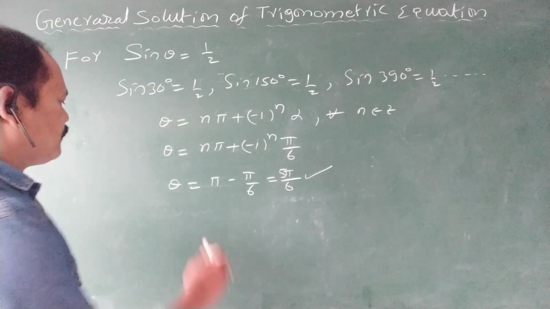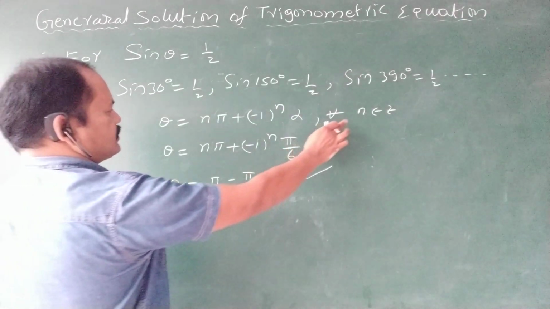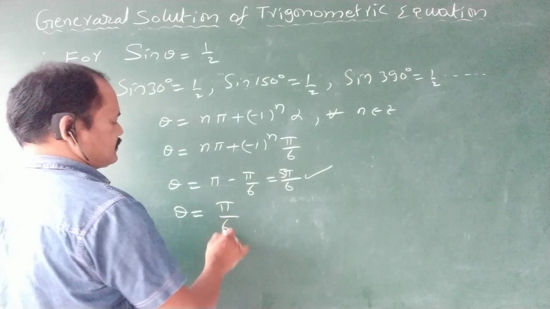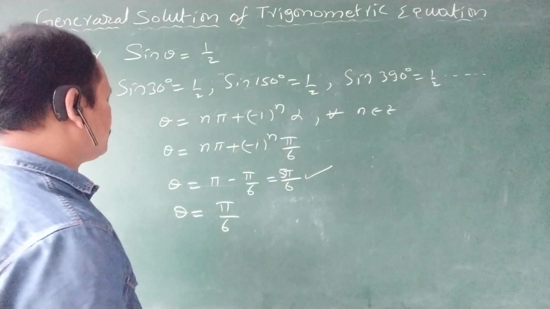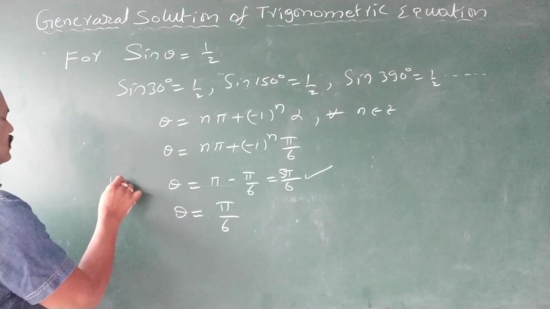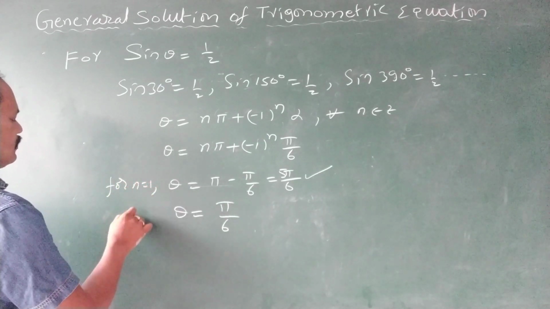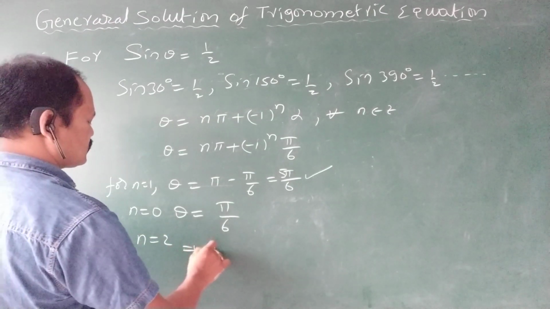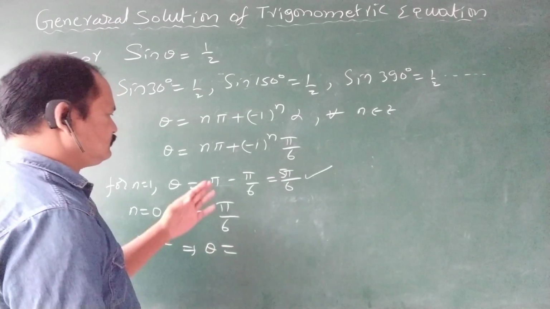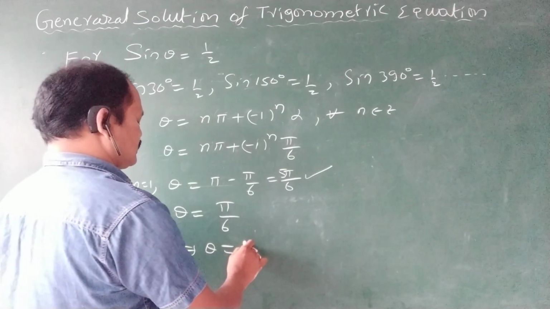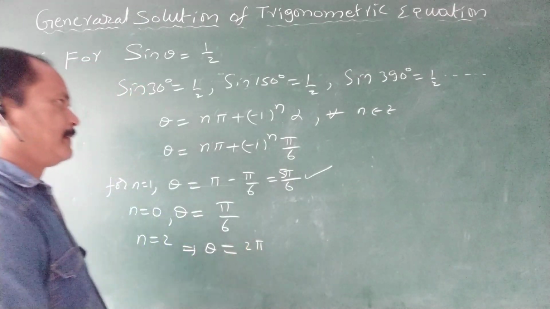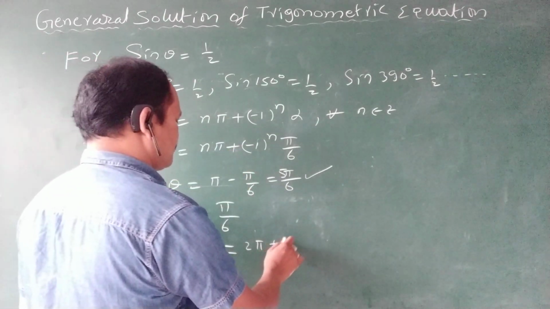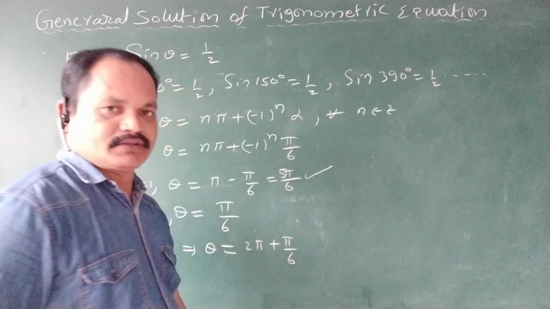It satisfies this. For n is equal to 0, it is 0 plus pi by 6. And for n is equal to 1, it is 5 pi by 6. Now for n is equal to 2, theta is equal to 2 pi plus pi by 6.